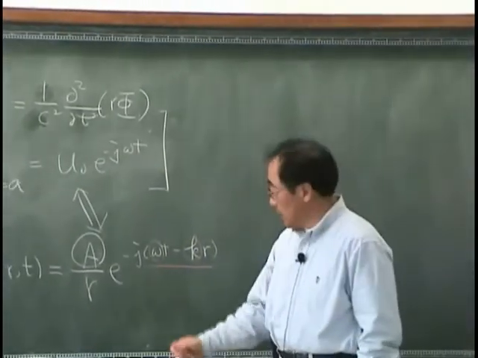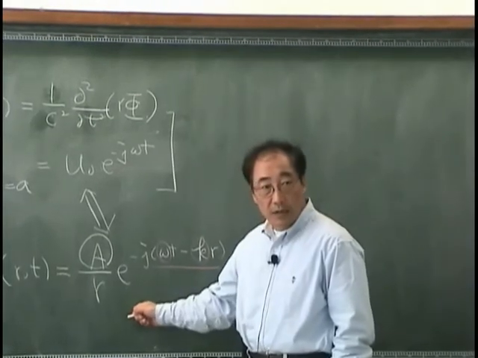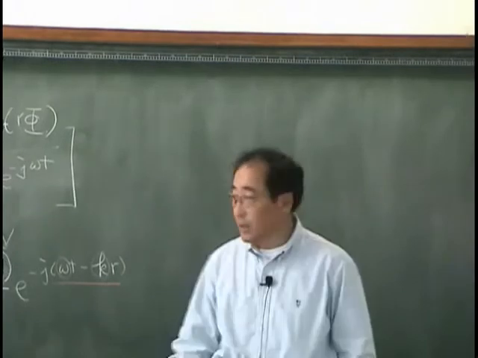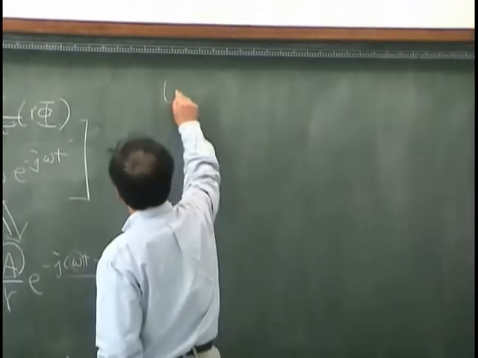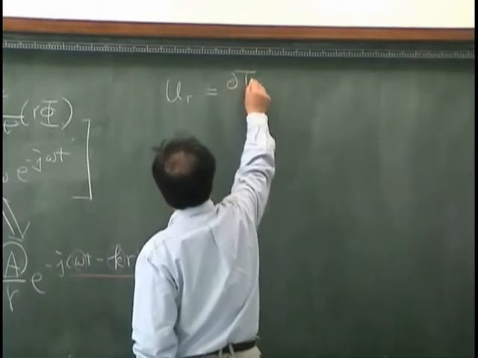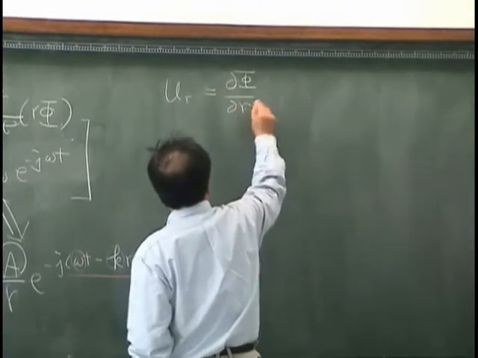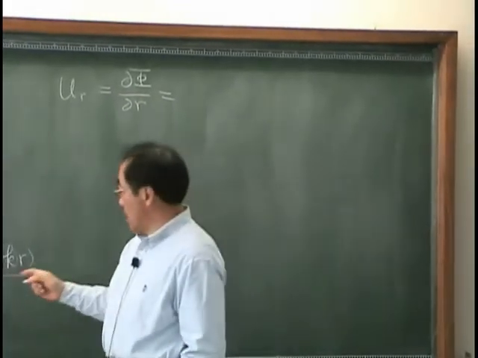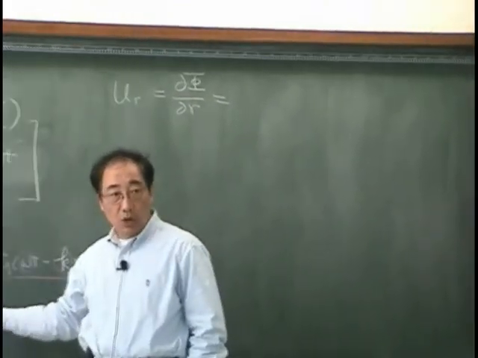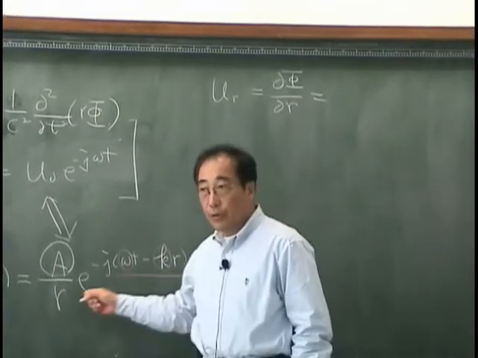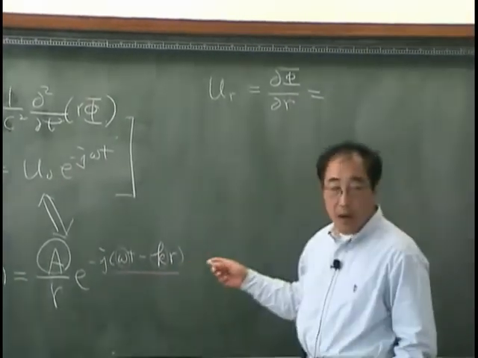Right? So let's calculate the velocity using this velocity potential. That is, UR is dphi/dr. And we found that R is located in two different terms. One is 1 over R type.